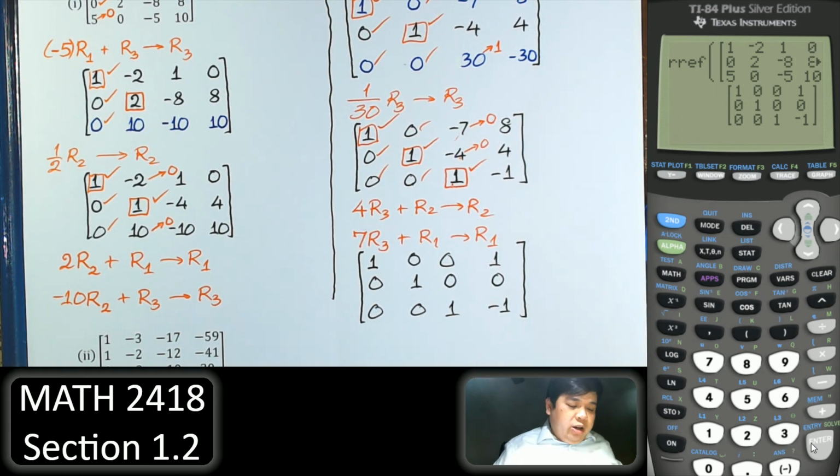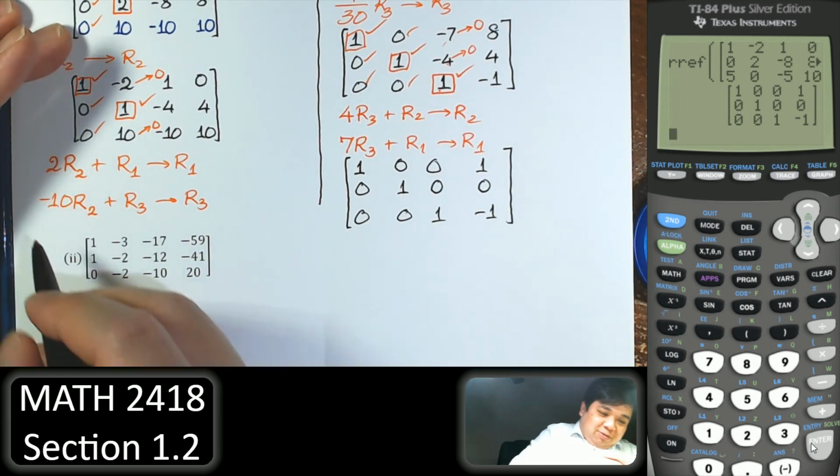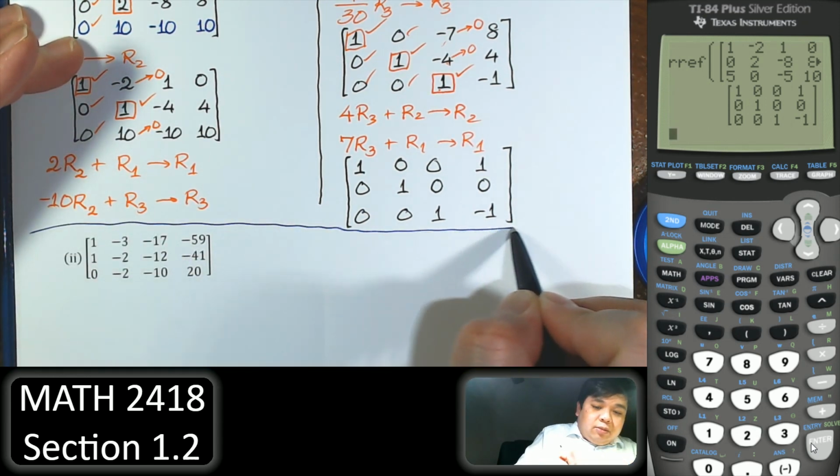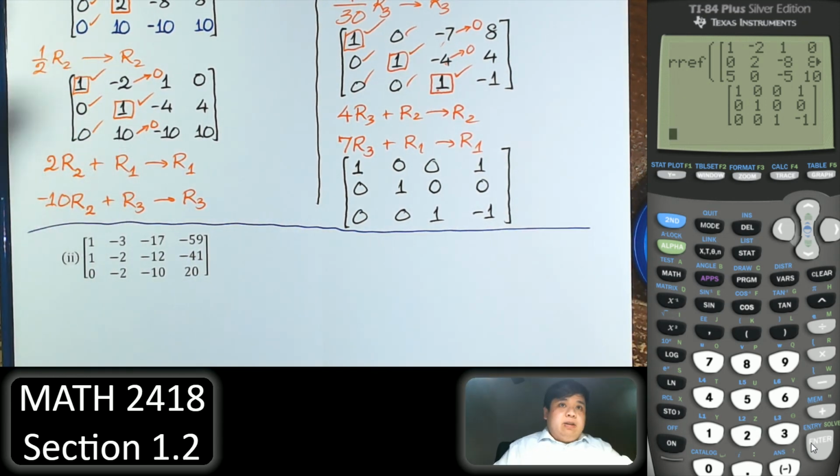Get the 1 first, everything else to 0. That's simple enough. And we have another example here.